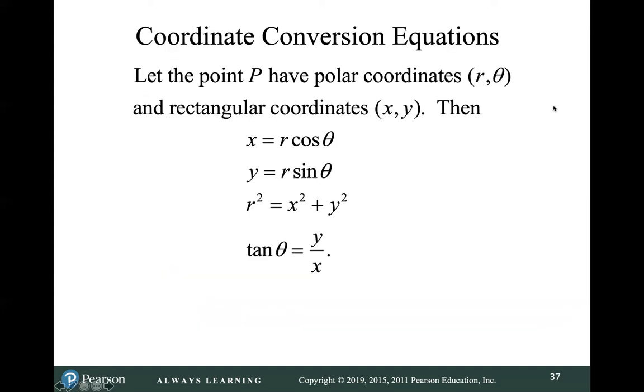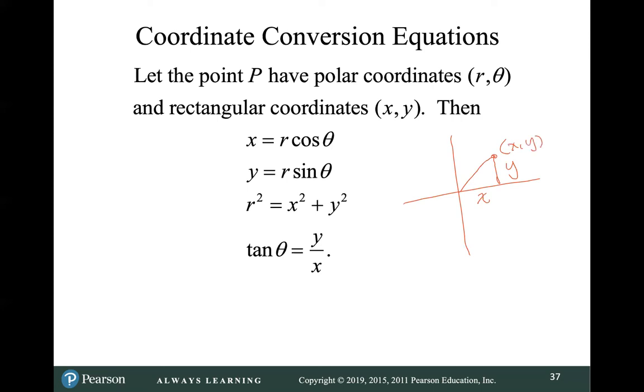So let's take a look at how we convert. If we have our point in polar coordinates and I want to write it in rectangular coordinates or vice versa, we have this system set up. Now, just like we saw with vectors, if I have a point giving an x and a y, I can call that point xy.